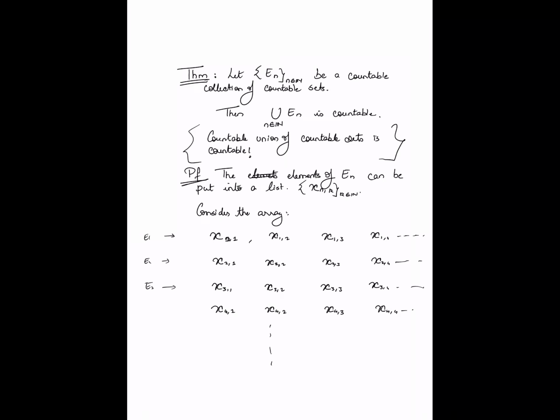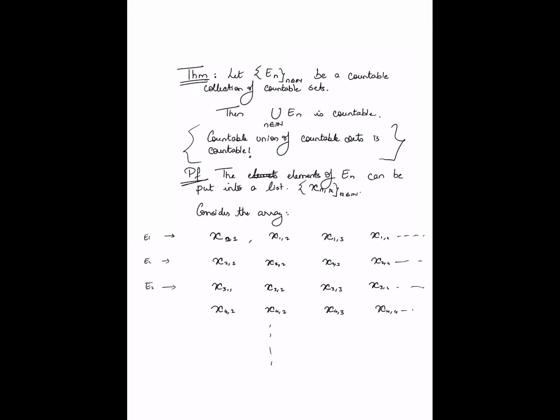Now, all of the elements in this two-dimensional array are all the elements in your union. All I have to do is show that it is in fact possible to arrange the elements of this union into a list. The list is going to be a diagonal sweep of this two-dimensional array.